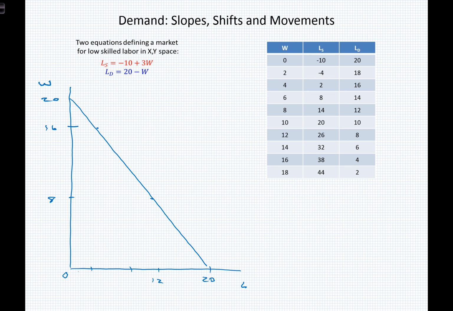Well, if we think about what other kinds of variables might affect the form, shape, or placement of this curve in this XY space, we'll think about those more clearly in the labor demand characteristics module. But let's say that the overall taste and preferences for the good being manufactured increased.